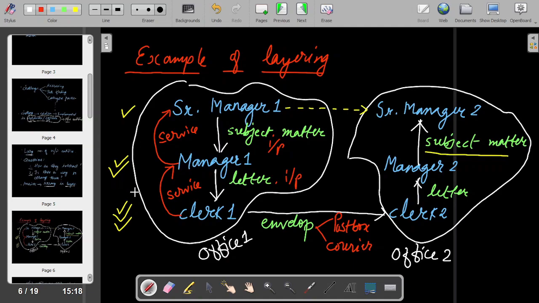Third option for clerk is to not use the envelope, draft an email and send it to clerk 2. Clerk 2 will take a printout and will give it to manager 2. The point to understand is that clerk 1 can implement his service in many different ways. He can use postal services, he can use courier, even he can use email, or he may use fax.